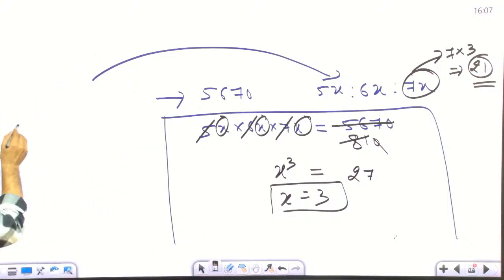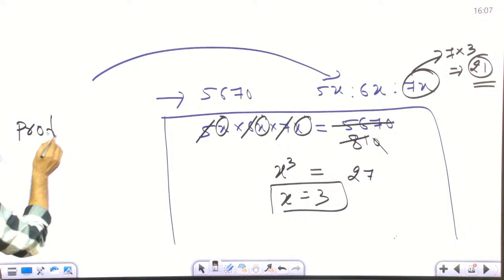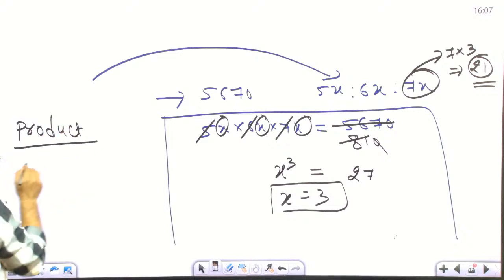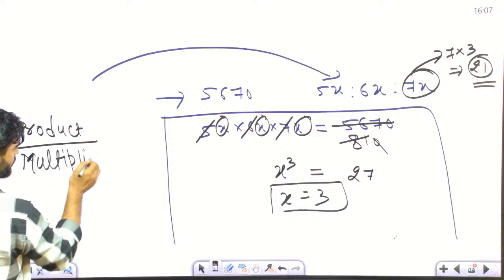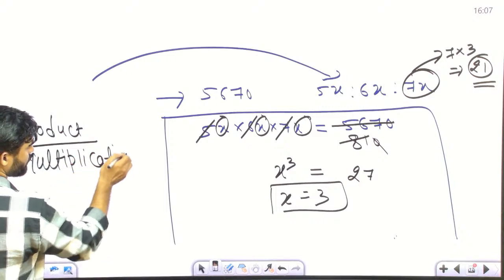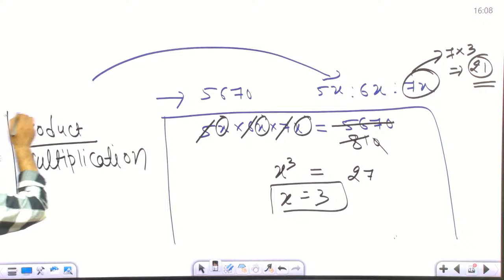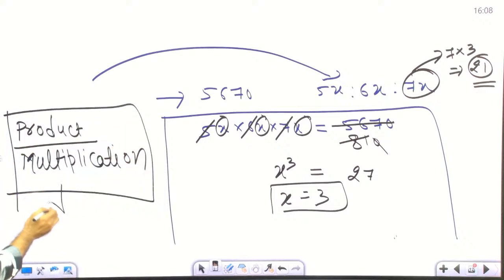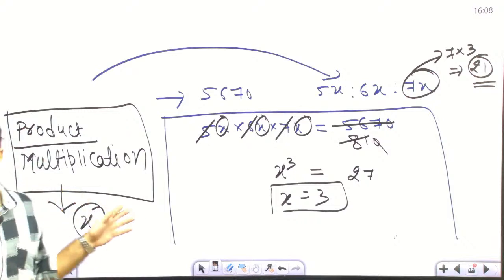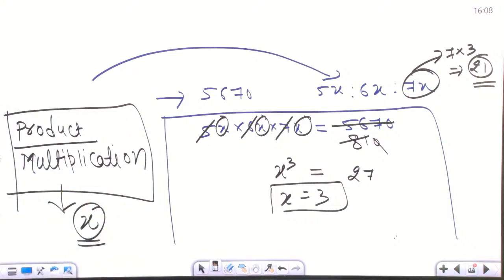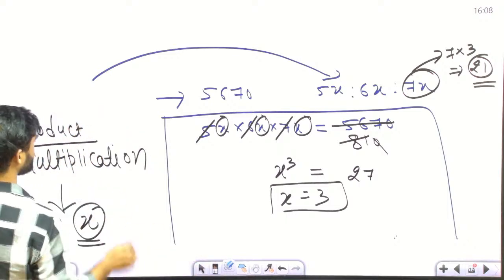In the case of product multiplication, we have to take x. If you want to write it, it will help you.